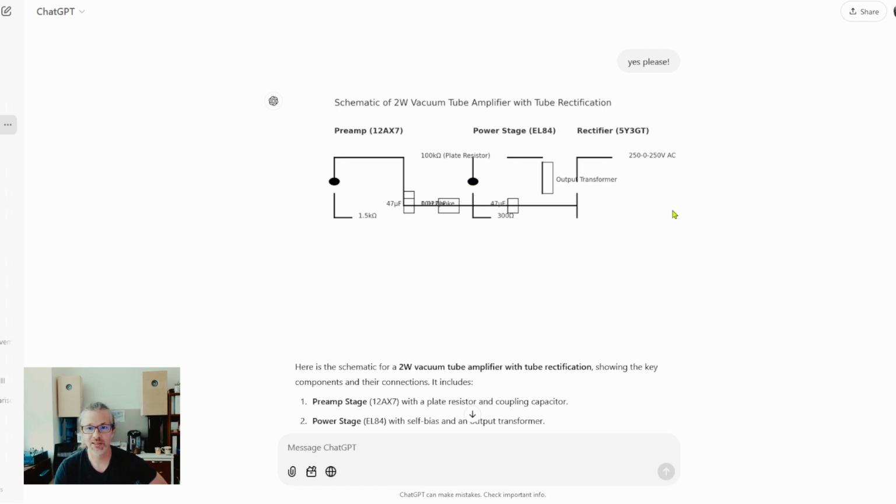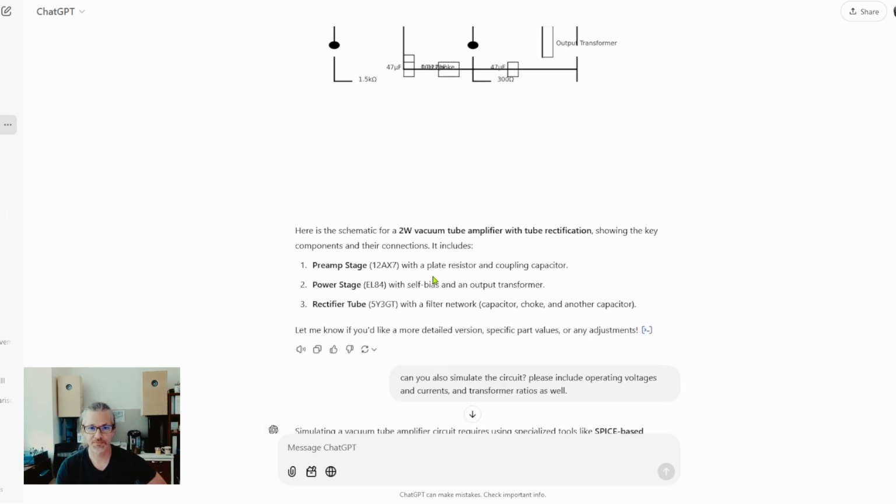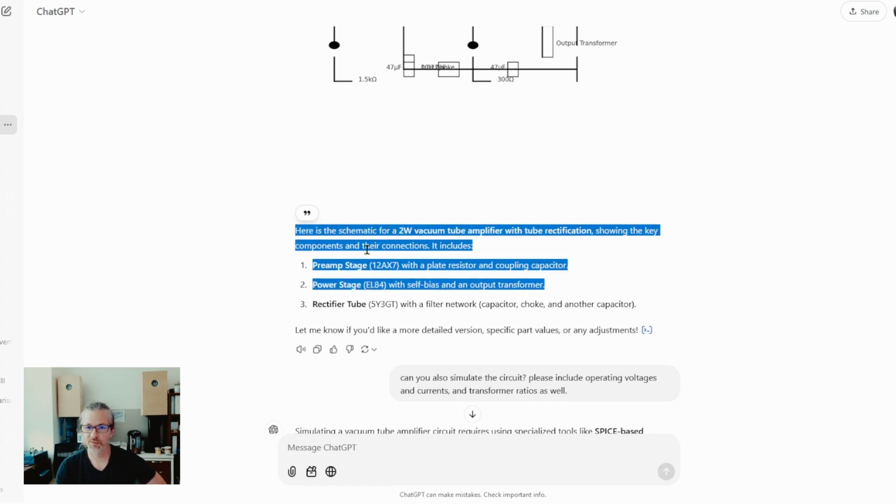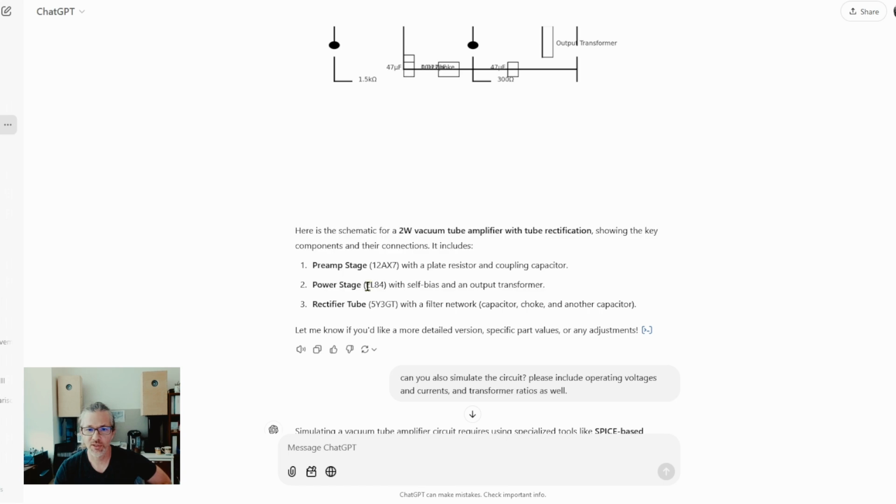I would call this the first stage of doodling, or a draft version 0, and it's a good starting point to develop a schematic based on that. So the description it gave for that was basically including 12AX7 preamp stage, power stage EL84 with self-bias and output transformer, and rectifier stage 5X3 GT with a filter network: capacitor, choke, another capacitor.